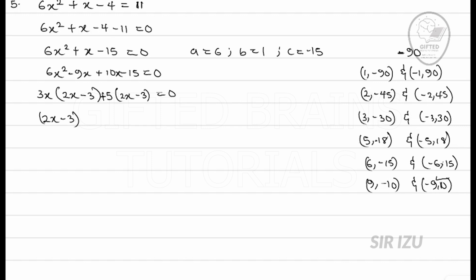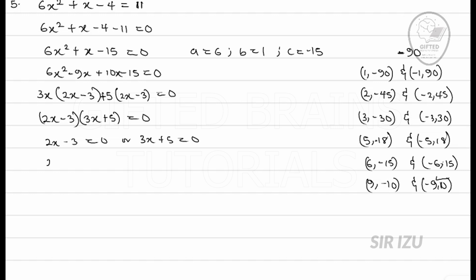And so 2x minus 3 factorized in the first term will give us 3x. 2x minus 3 factorized in the second term will give us plus 5. And so this is what we have. So at the end of the day, we have 2x minus 3 being equal to 0, or 3x plus 5 being equal to 0.